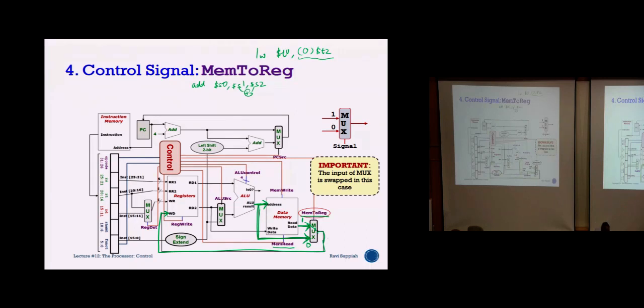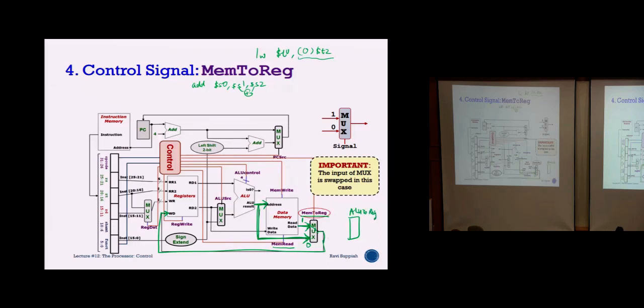To solve this problem, all they need to do is change the name, correct? If I just say ALU to register, then it becomes 0 on top, 1 below. Because the fellow who decided this wanted to call it mem to register, all of us have to suffer, correct?